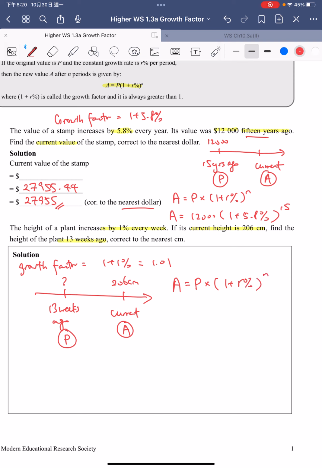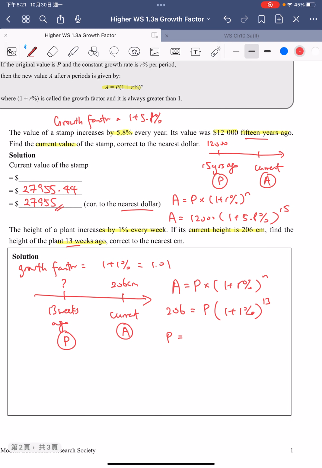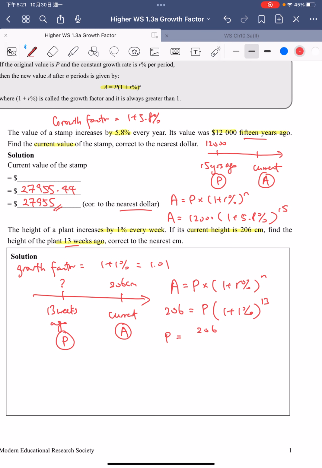A is equal to 206 cm, P is the value that we want to find out, and 1 plus r percent is 1 plus 1%, to the power of 13 weeks. So we change everything to the left-hand side. We get P equal to 206 divided by 1.01 to the power of 13.